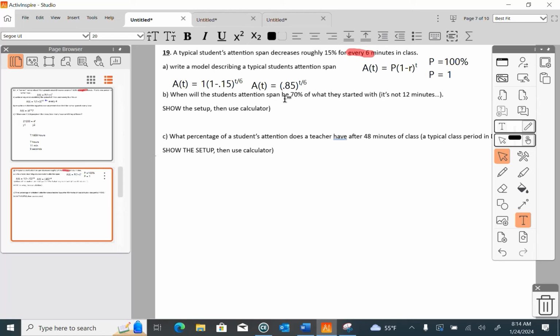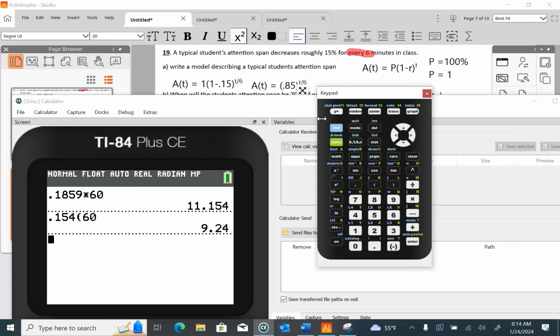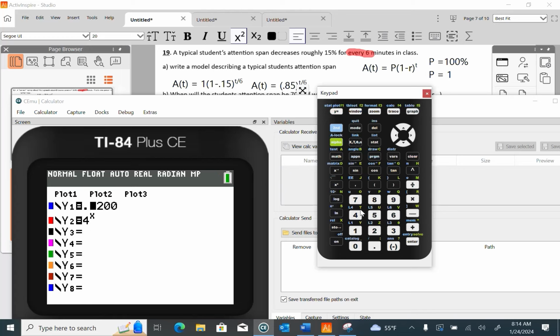show the setup, use a calculator. 70% is going to be the decimal 0.7. 0.7 must equal 0.85 raised to the t over 6. That's the setup. And then you just use your TI-84. 0.7 in Y1.